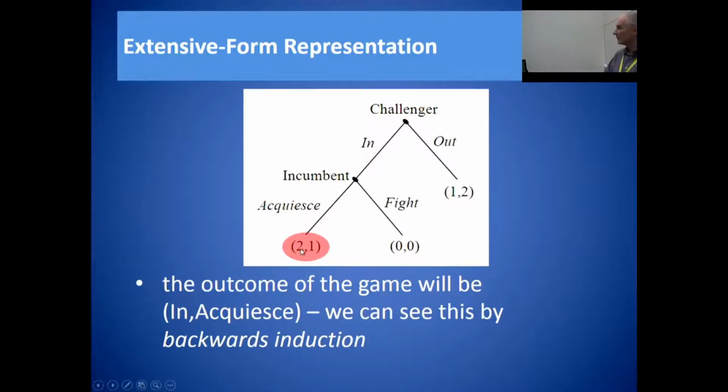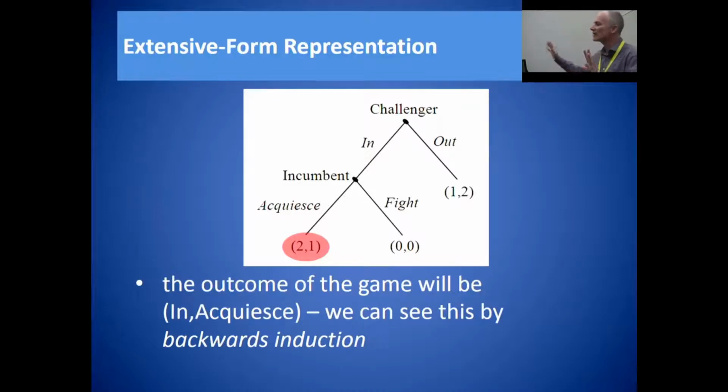It would much rather a payoff of 2 to a payoff of 1, and hence it would choose to enter the market. And if it enters the market, the incumbent responds by acquiescing. That must have been the exact thought process that the majority of you argued through. And such a process is known as backwards induction.